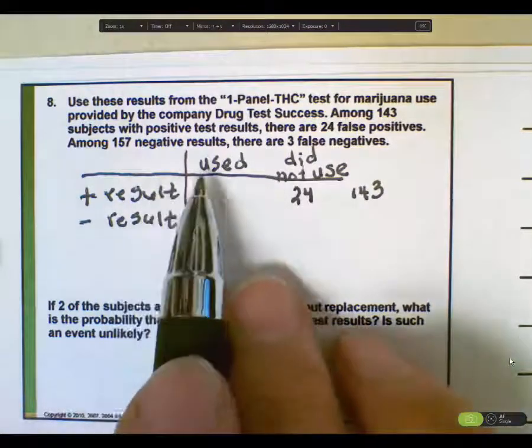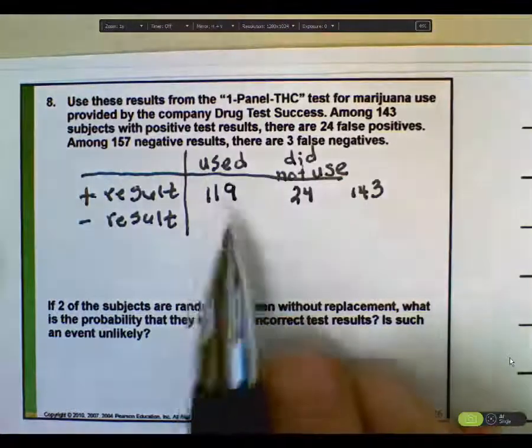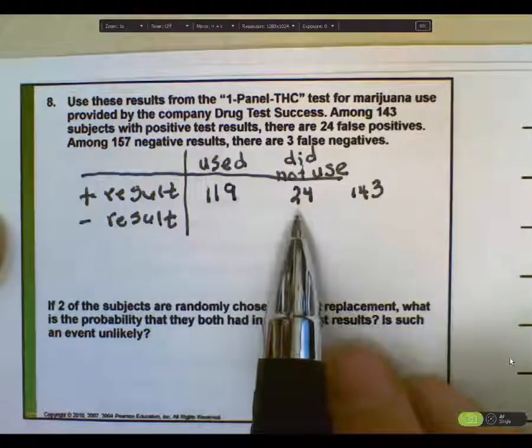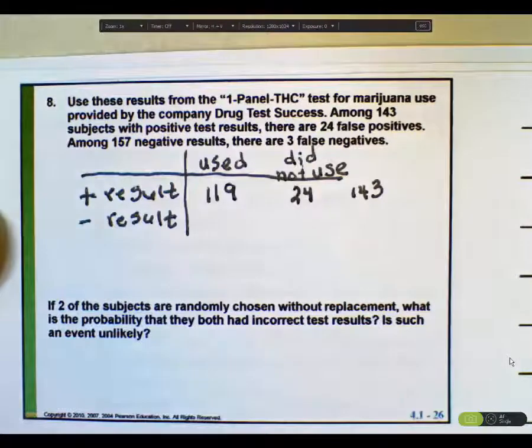They got positive results and they were using. That would be 119 people, because 119 plus that 24 would add up to the total 143 positive results.